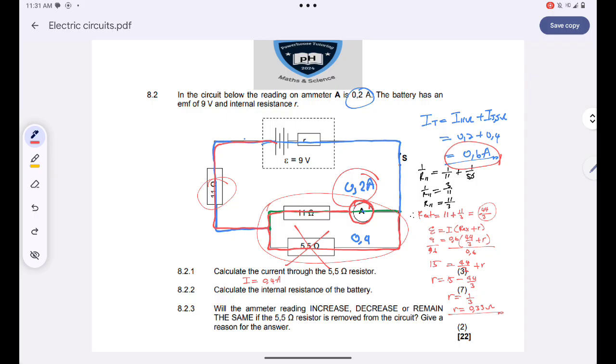So the amount of current flowing through ammeter A will increase. It will never remain the same. Why? Because only a fraction was moving through there. But whenever you remove this one, that current over there will definitely increase.